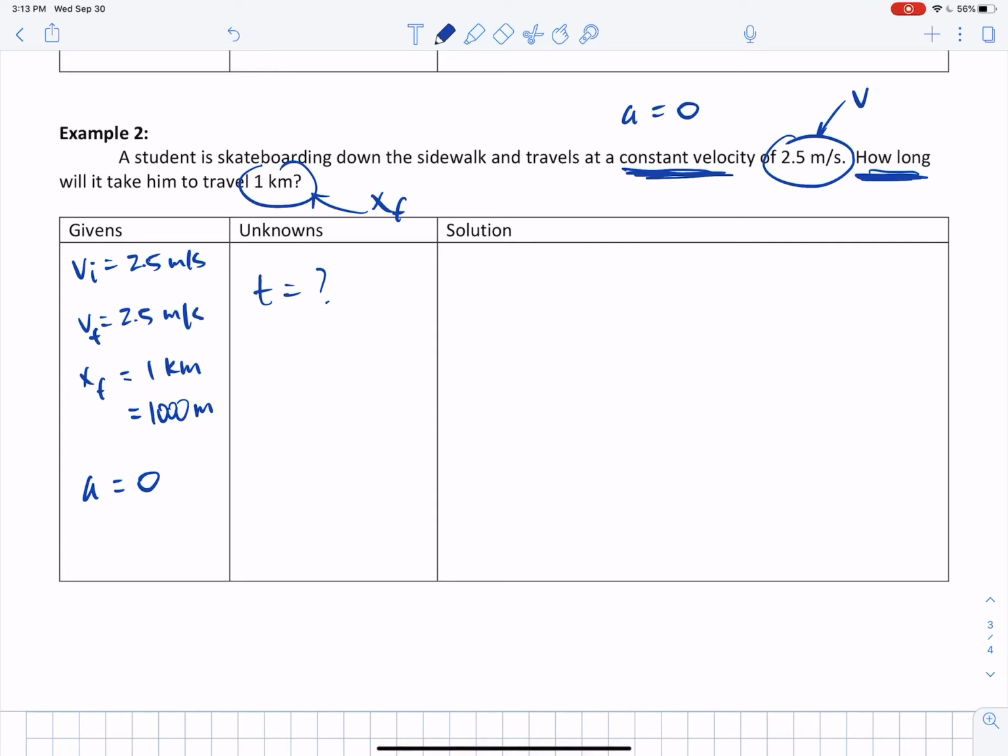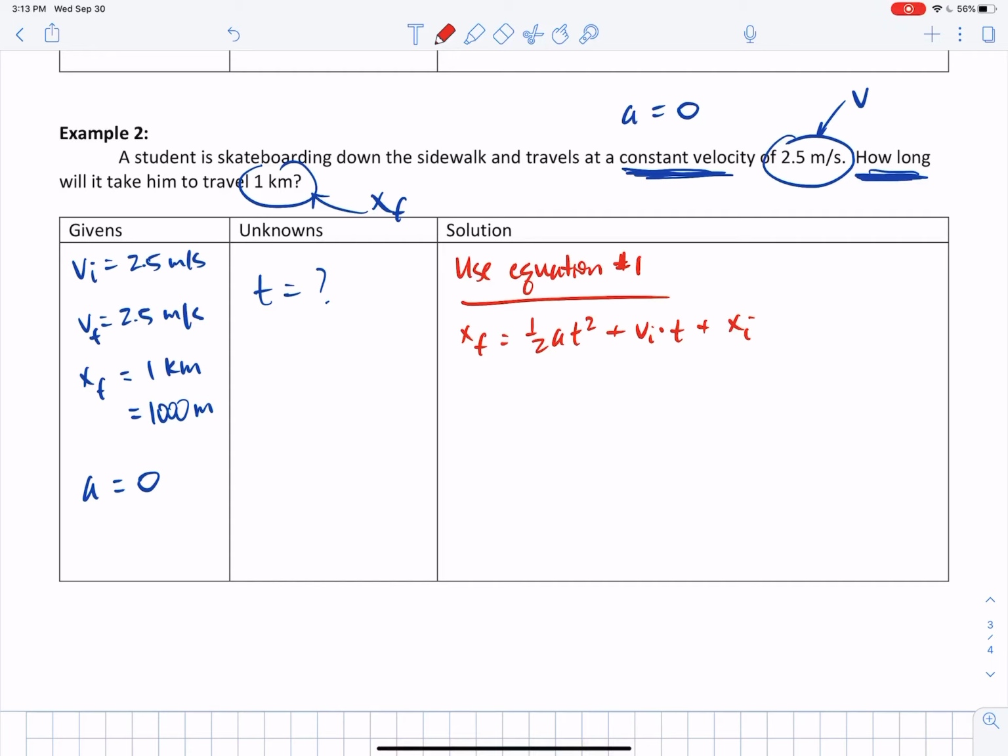All right, if I look at my unknowns and I look at my givens and I ask which equation groups all of this information in one and allows me to find the time, I'm going to try equation 1. Okay, that's the final position is equal to 1/2 a t squared plus v initial times t plus the initial position, right?